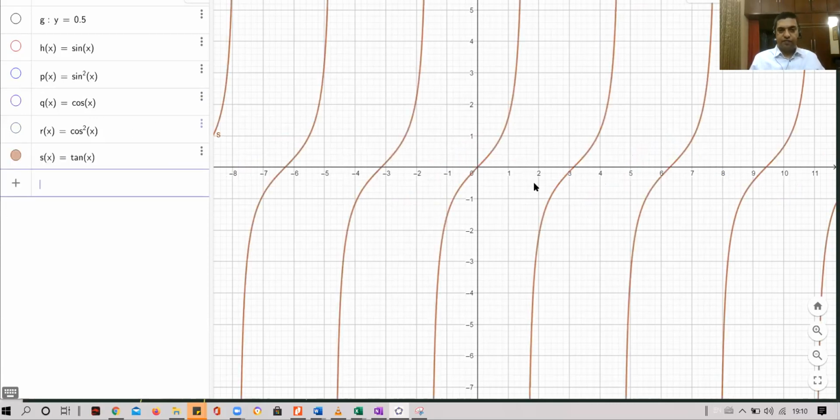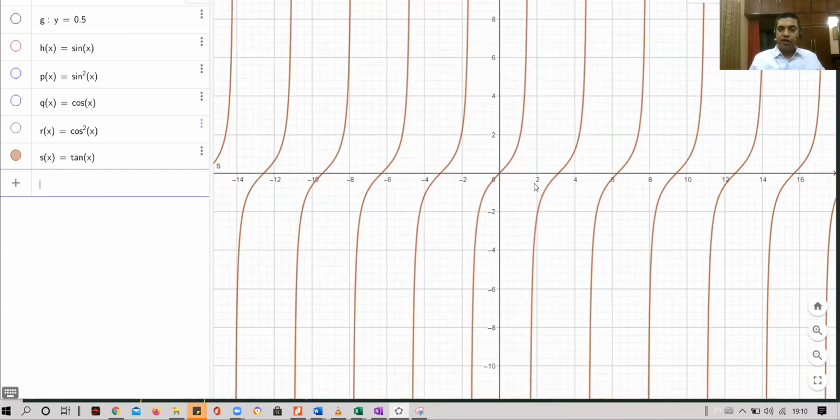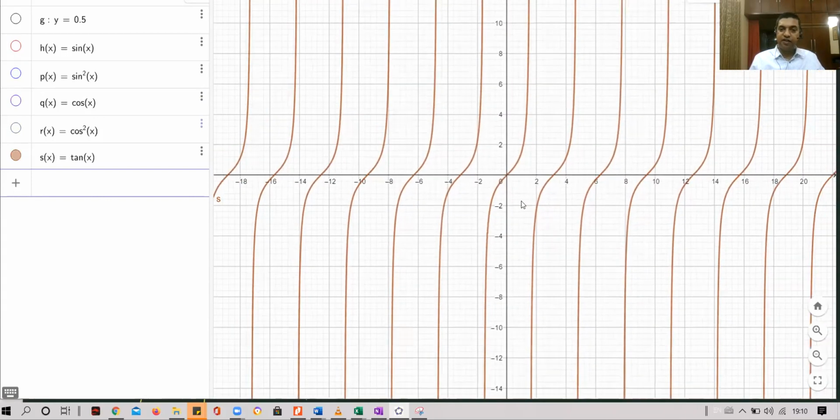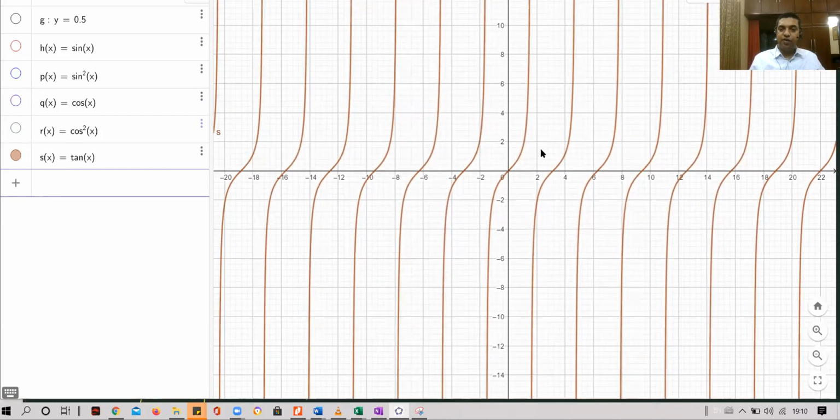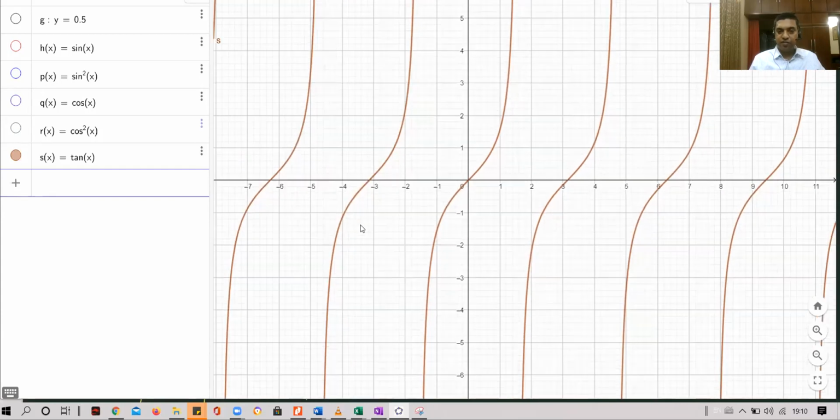This is the tan curve. The range is minus infinity to infinity, and it is periodic with period pi. If you see how it is repeating, this is from minus pi by 2, minus 1.57, to 1.57.